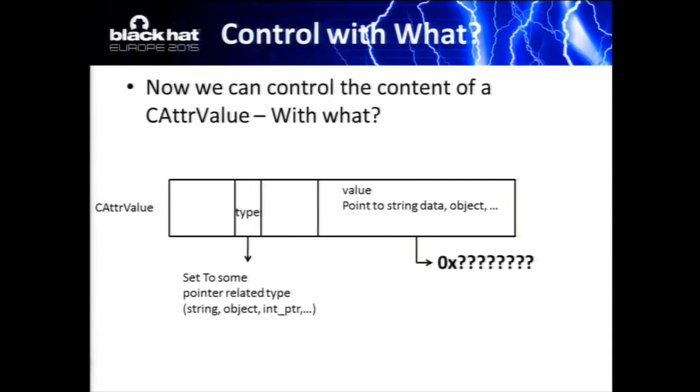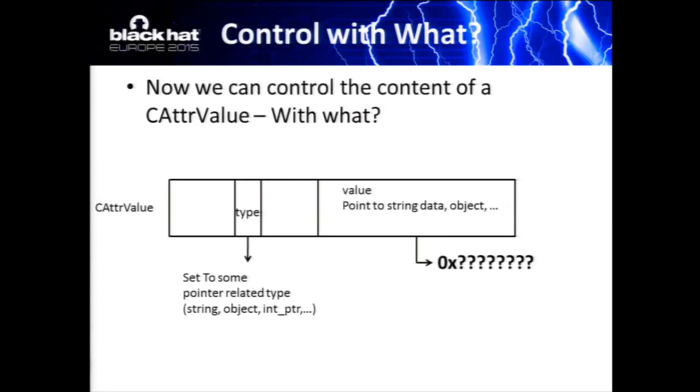The next question is, what data should we use to fill in this C attribute value? Our plan is to set the VT type to a pointer type, such as string or object. So we need to set the value field to point to a valid memory address.